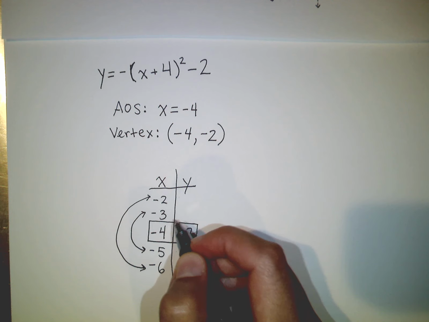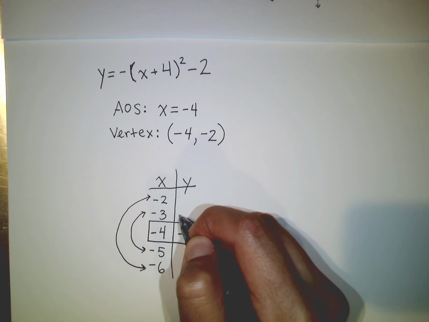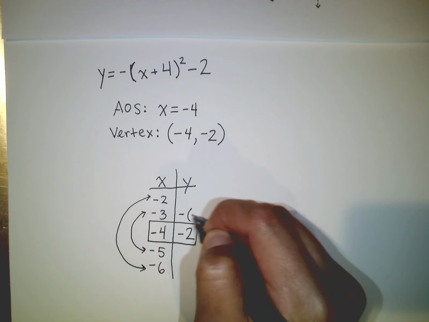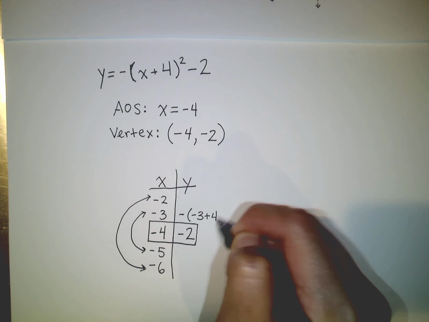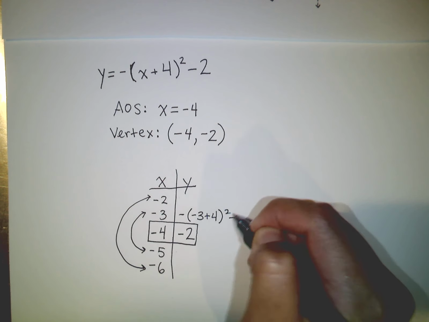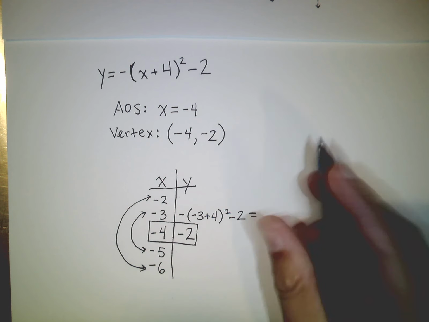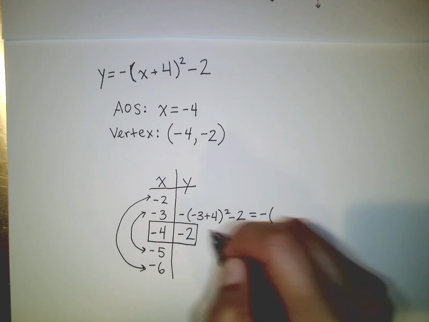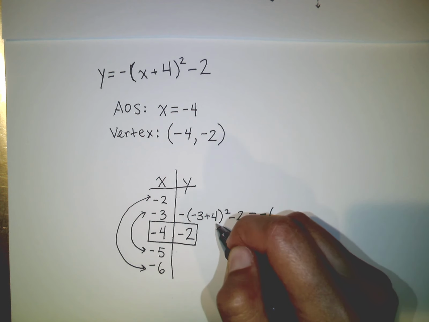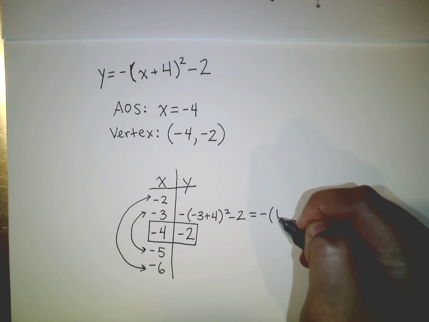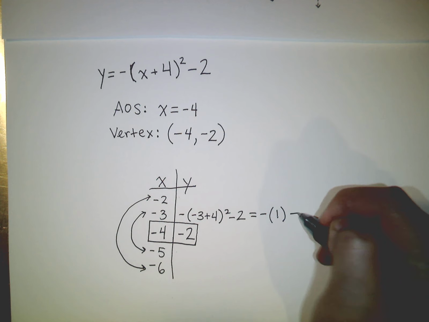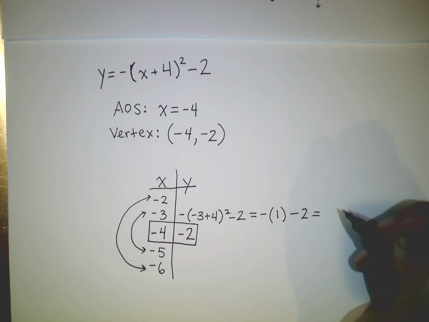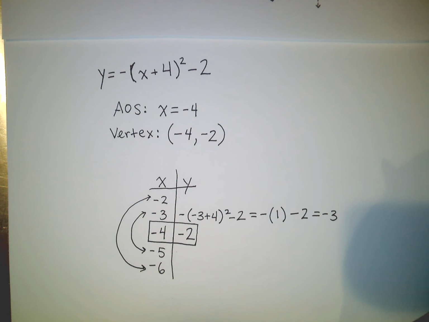So now I'm going to plug in 3 into our equation here. So negative (3 minus 4) squared minus 2 is equal to negative 1 squared. It's just going to give you a positive 1, so negative 1 minus 2 gives us negative 3.